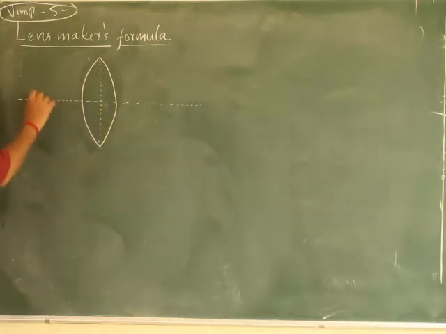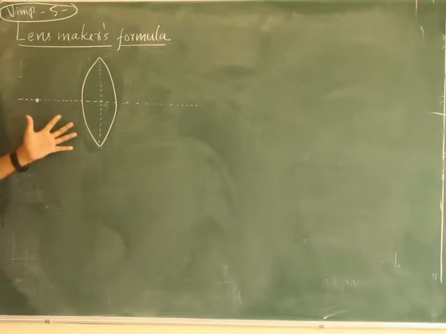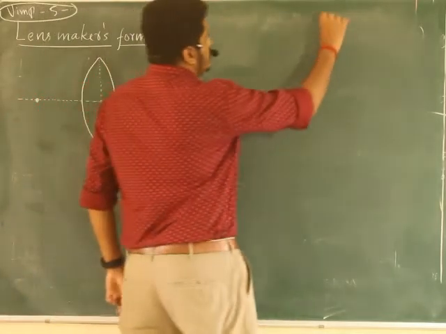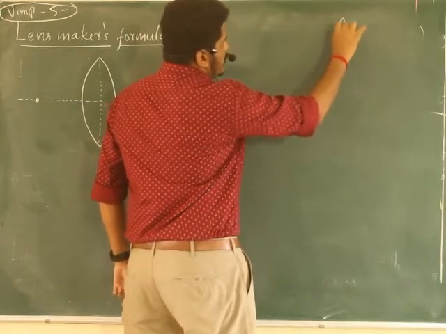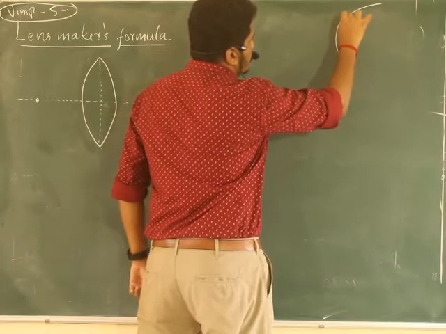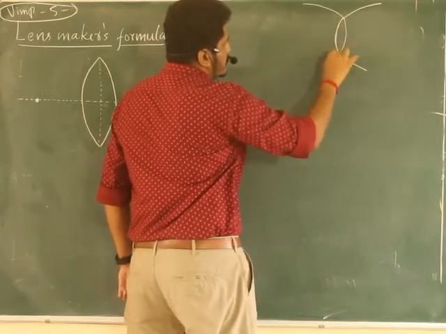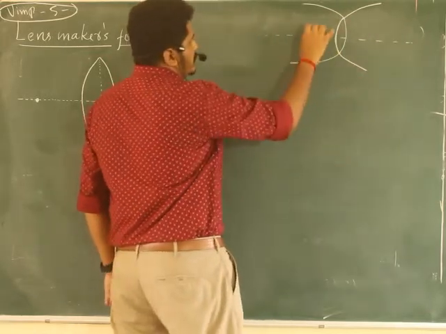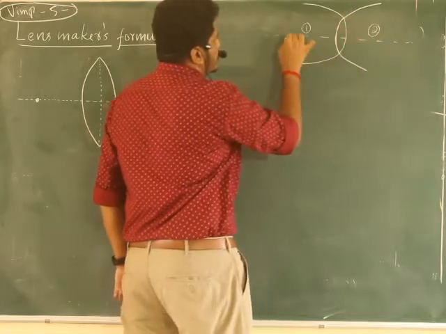Okay. Now one point I will take. To understand this more clearly, look here, I will draw like this. This lens can be understood like this also, right? It is made up of two spherical refracting surfaces like this, correct? This is the first refracting surface, this is the second refracting surface.